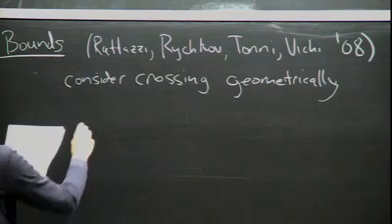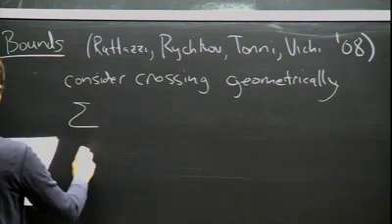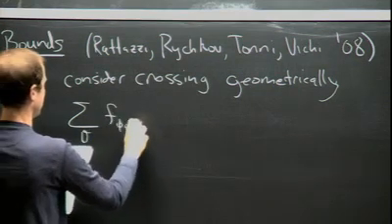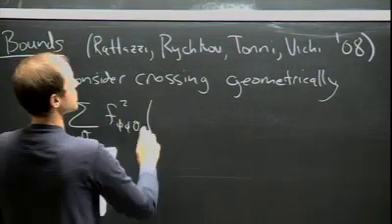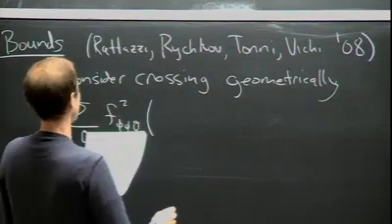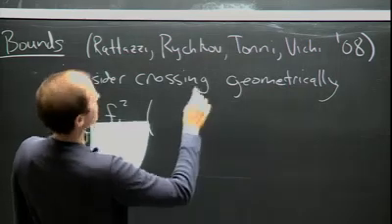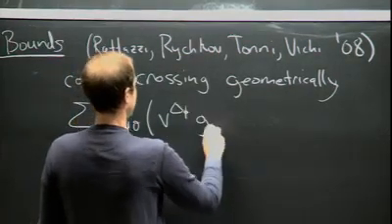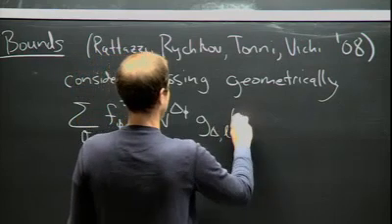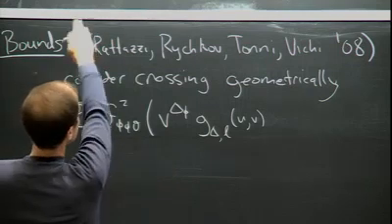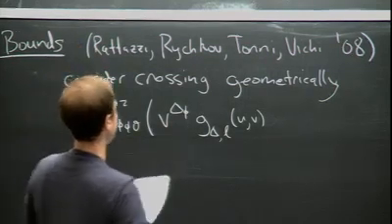OK, so let's write it in the following way. We have a sum over operators O, f phi phi O squared. And I'll just take everything and put it all on one side of the equation. So, and I'll multiply through by v to the delta phi. So on this side, this is coming from the left-hand side of the crossing equation, multiplied by v to the delta phi.